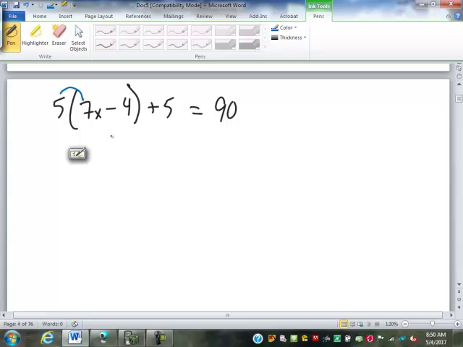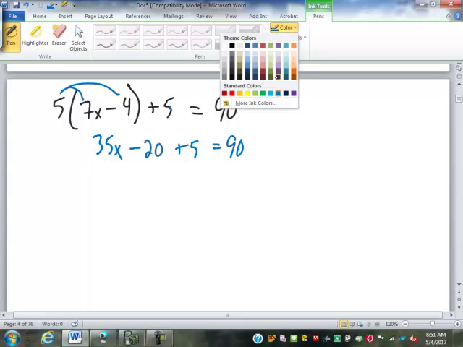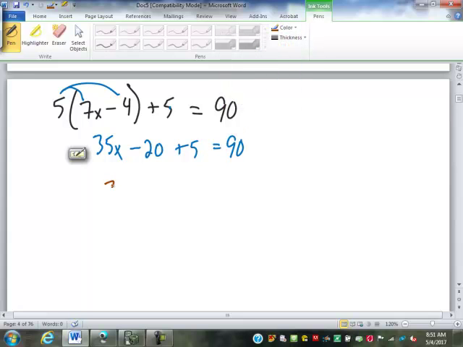What do you call that? Distributing. Yes, that's what it is. Okay. 5 times 7x, 35x. 5 times negative 4, negative 20. Plus the 5 equals 90. And then negative 20 and 5 make a negative 15.